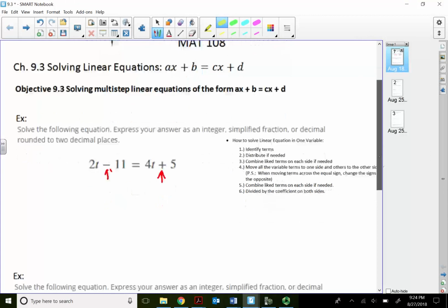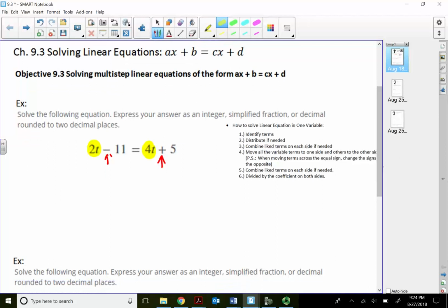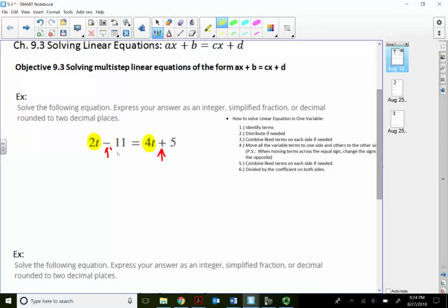Before I move anything, make sure you find your variable term. In this case, I've got a variable term on the left and a variable term on the right side of the equal sign. So now we have to think about where I should move my variable term, to the right side or to the left side? The answer is it does not matter where the variable term goes, right or left, it should still give the same answer.